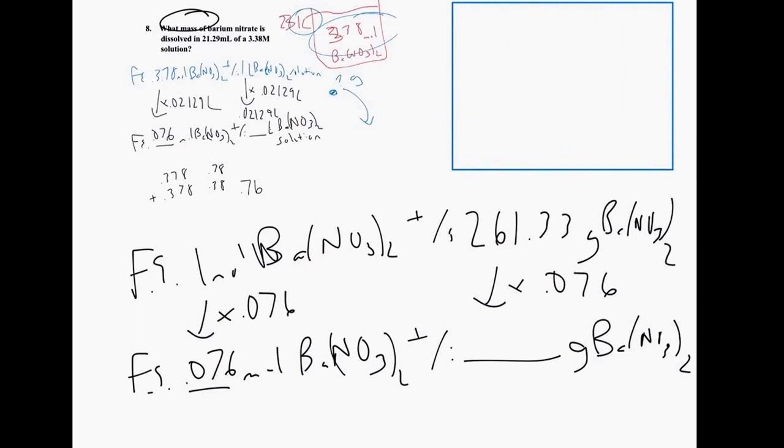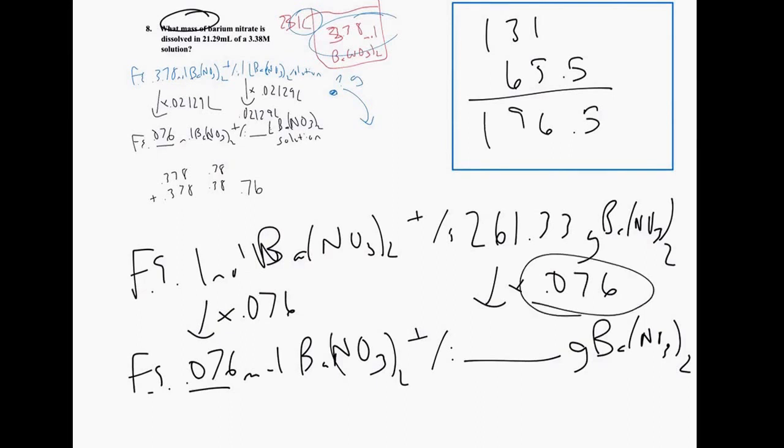Half of this would be 131, let's say, and 1/4 of that would be 65.5. So that would be 196.5. This is pretty close to 3/4, except that it's 3/40ths, so it's 19.65.